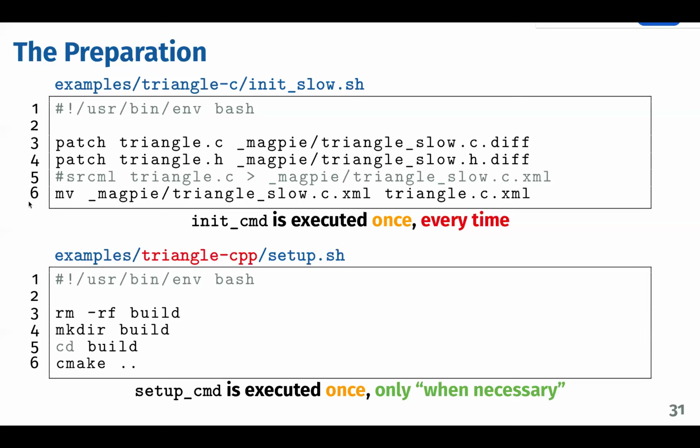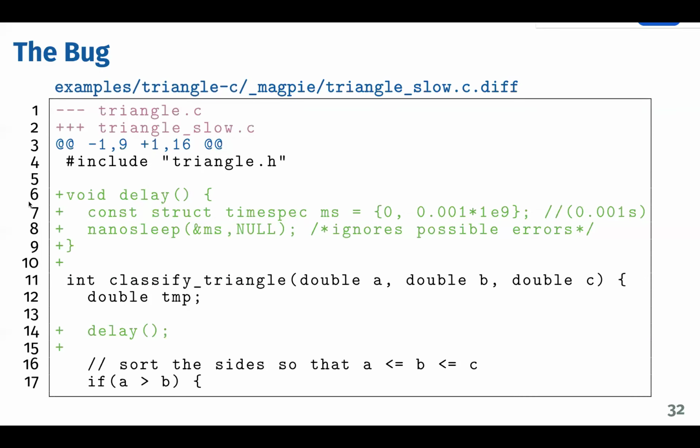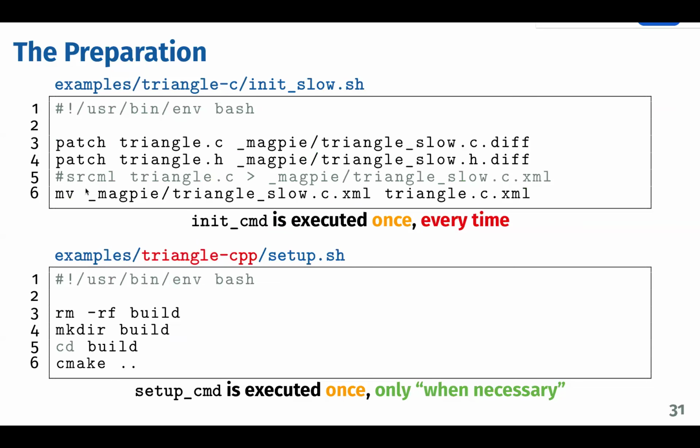Preparation is basically just so that it's easier for the example. On the technical side, we will just patch the code on the header to add one fault. And the patch we will apply is simply adding a call to delay. And we would like to run sourceML on triangle C to get the XML file, so the IST.